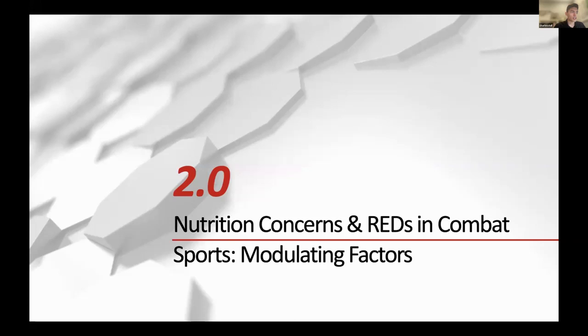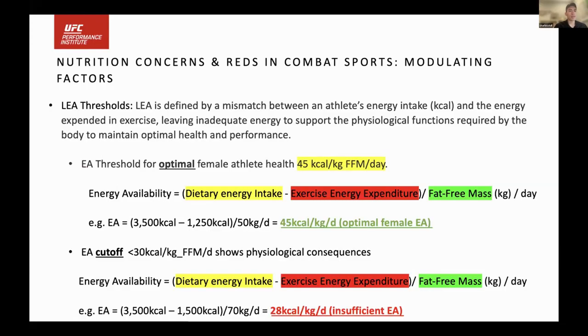So just to go into those modulating factors, which are those factors that may amplify, accelerate, or attenuate the development of problematic LEA. The big one is literally the threshold at which there is a mismatch in energy. As a whole, when we're talking about optimal energy availability for female athletes in particular, it's about 45 kcal per kilo fat-free mass per day.